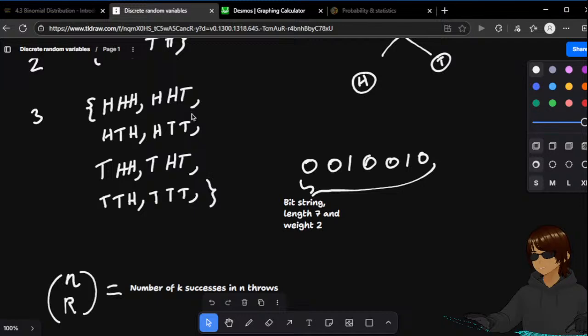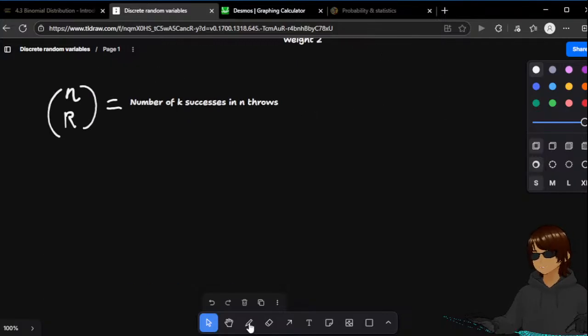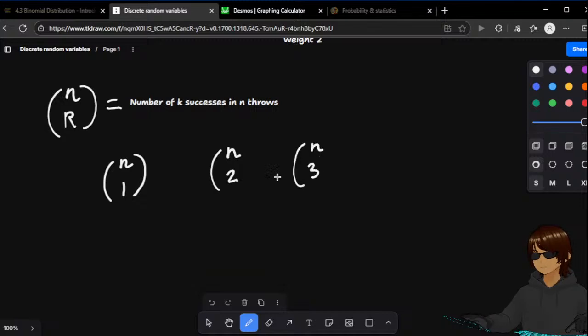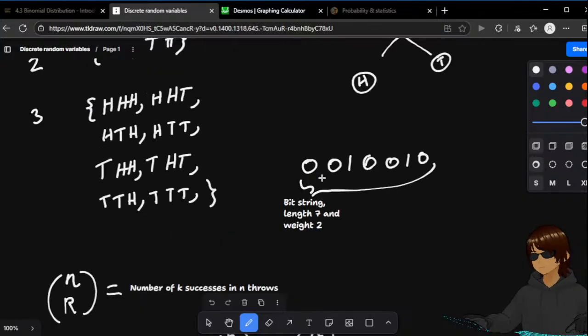So head is a success: 1 over here, 2 over here, and 3 over here. There are 3 ways I can get 1 success in 3 throws. So binomial distribution says, for 1 success, you have n choose 1. For 2 successes, we have n choose 2. For 3 successes, we have n choose 3. Right?